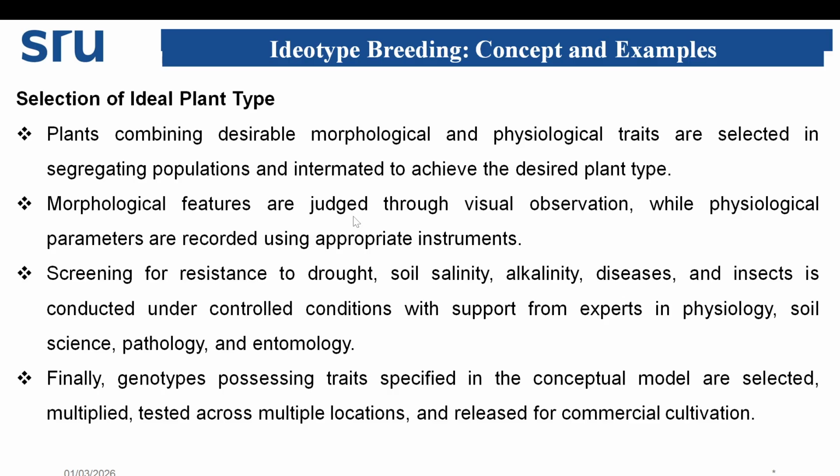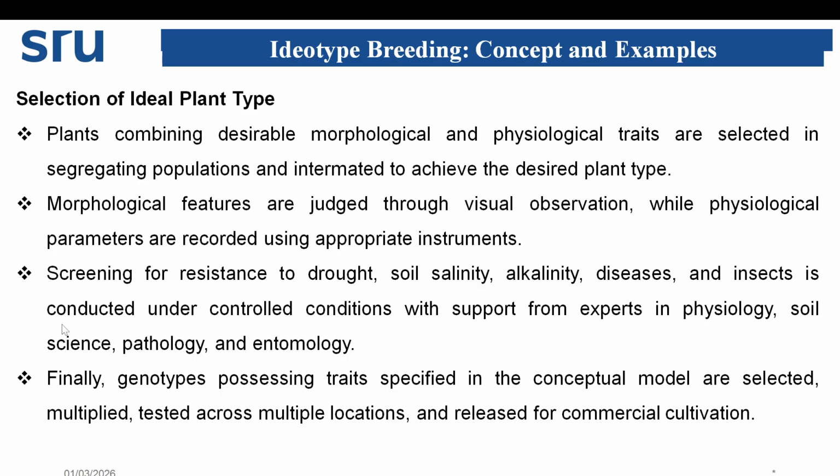So these morphological features are judged through visual observations, while the physiological parameters you need to record using appropriate instruments. Screening for biotic and abiotic stress you need to conduct under controlled conditions with support from experts in physiology, soil science, pathology and entomology.